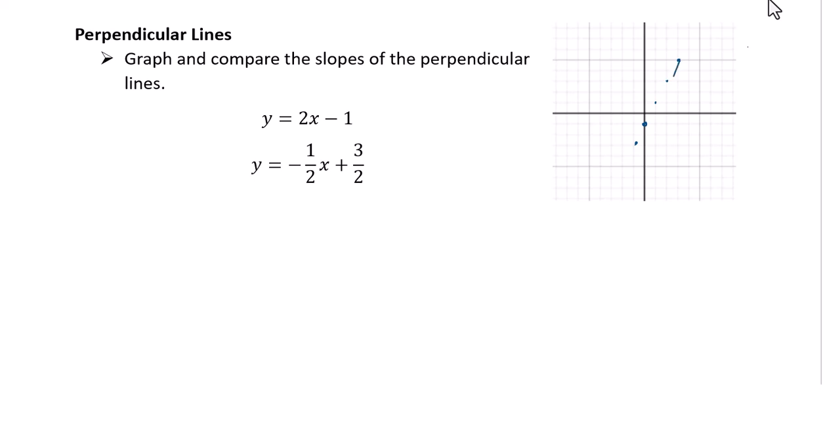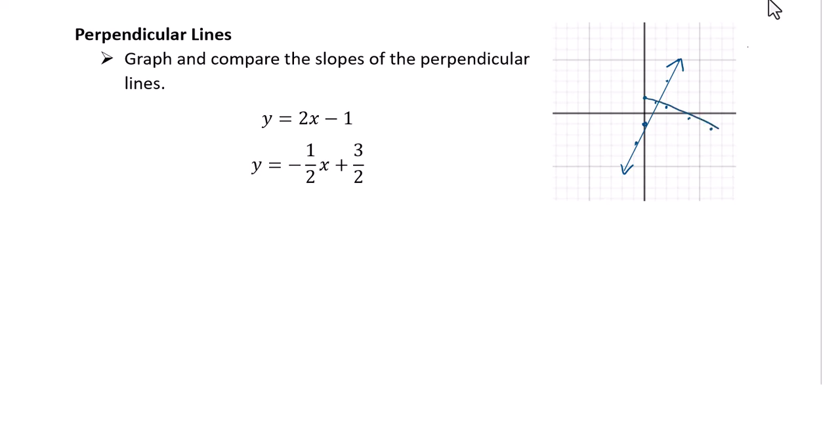And those points are going to connect with a nice straight line here. And let's graph the next one. We have a y-intercept of 0, 1.5, and our slope is down 1, right 2, down 1, right 2, down 1, and right 2.